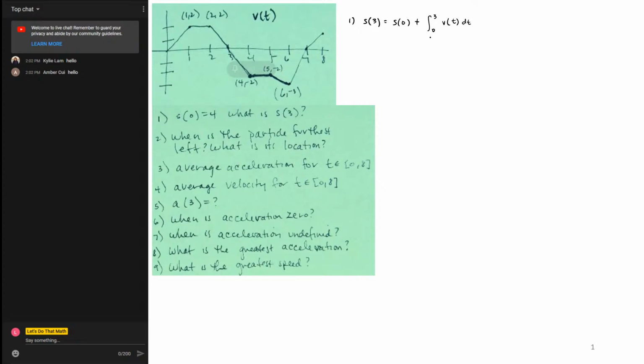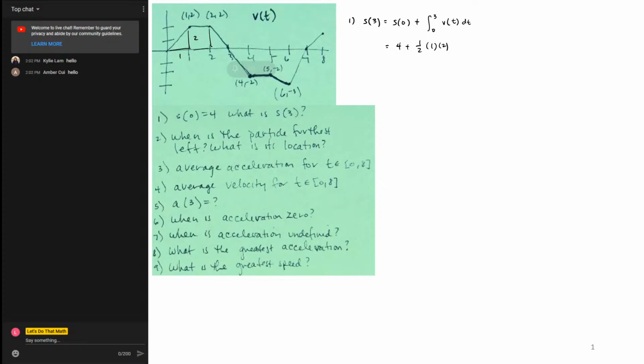The reason here is that if we take the integral of the velocity function from 0 to 3, that doesn't actually give us the position at 3, it gives us the change from 0 to 3. So the change in position from time equals 0 to time equals 3. You know s of 0 is 4. To find this integral, we just take the area under it. Here we have a triangle with a base of 1 and a height of 2, so that's 1/2 of 1 times 2.